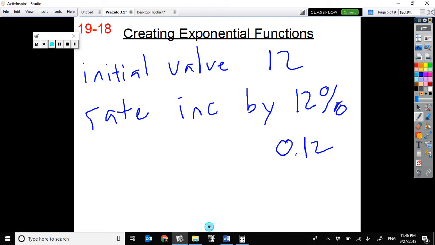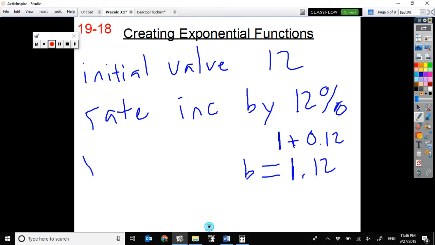Okay, so if I want to increase by 12%, I start off with 1 and then add my 0.12, because that's my percentage changed to a decimal. So increasing by 12% really means I'm at 1.12. That would be my rate, or the B. So for this problem, if I have an initial value of 12 and my rate is increasing by 12%, I would say y equals 12 times 1.12 to the x power.